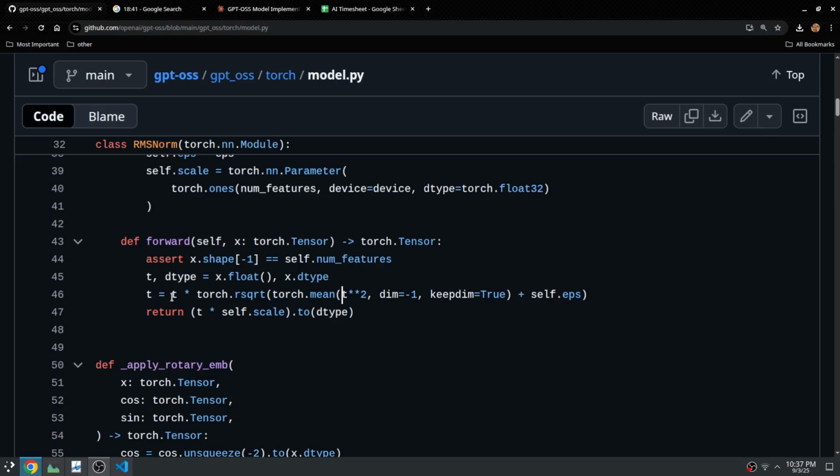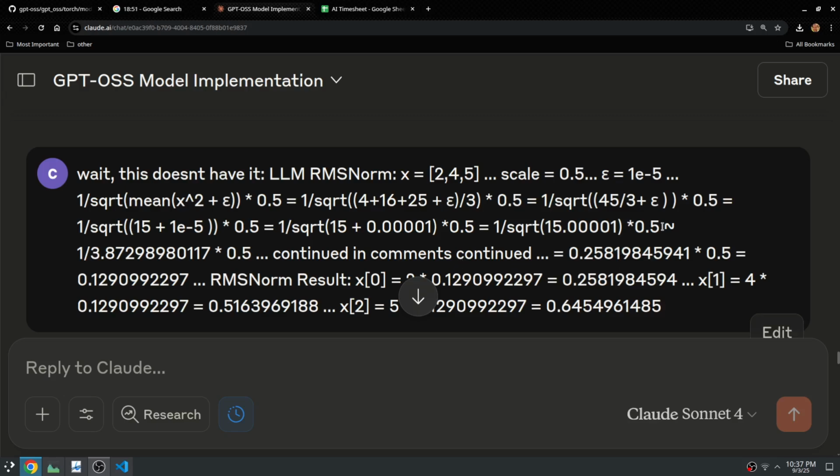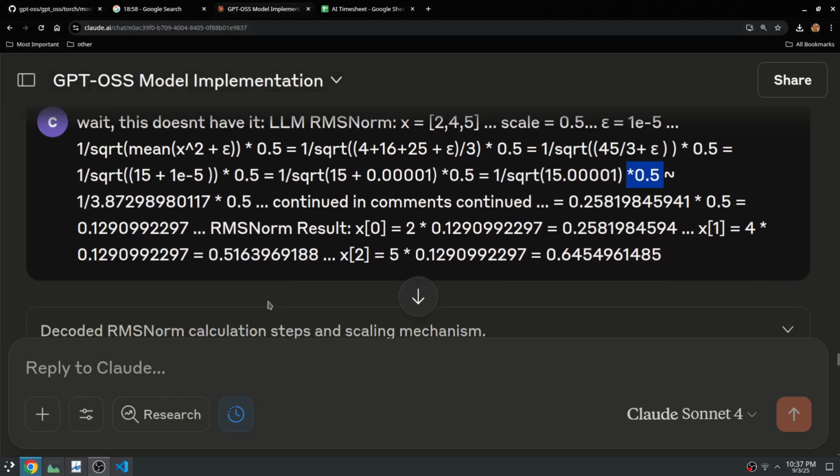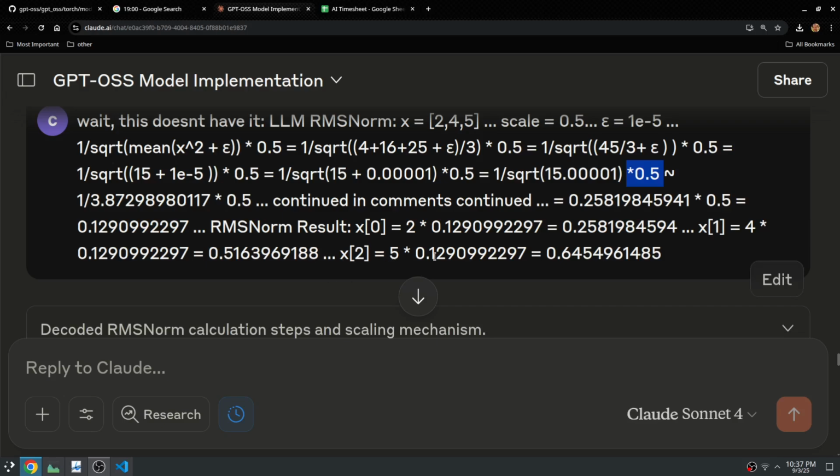And you multiply the x values by this, and then you multiply it by the scale. So the scale is right here, 0.5. That's what it multiplies it by. And if you see right here, it's multiplying each of the values by that result.